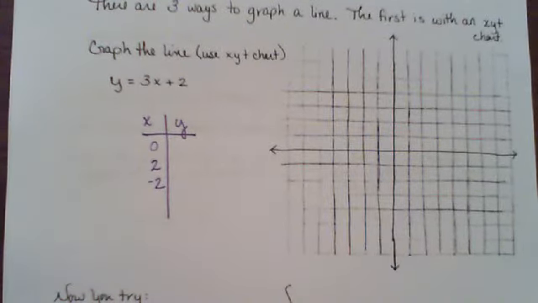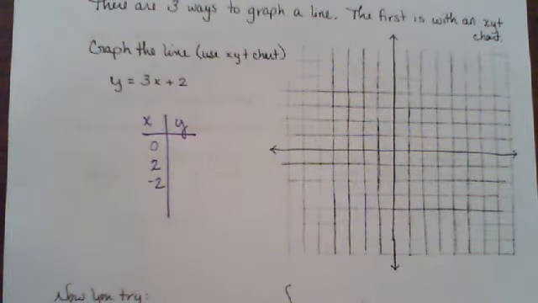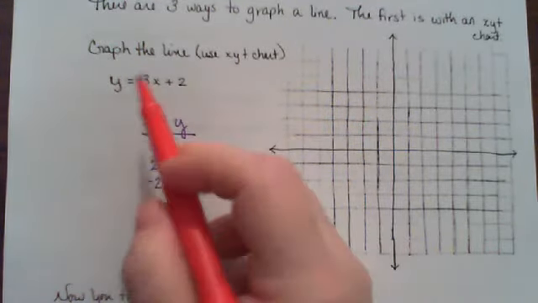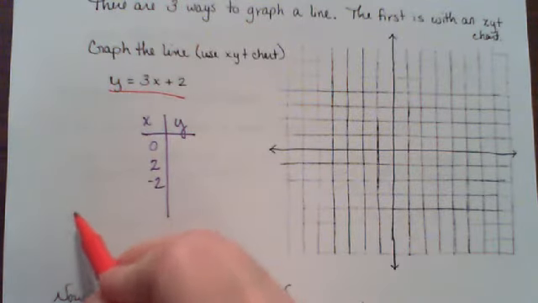So I've picked my three numbers just out of the clear blue sky. I tend to stick with these numbers no matter what, unless there's an occasion where it's easier to use a different number. And we'll talk about that a little bit later. So next, I take this equation that they gave me and I plug those numbers in and see what I get.